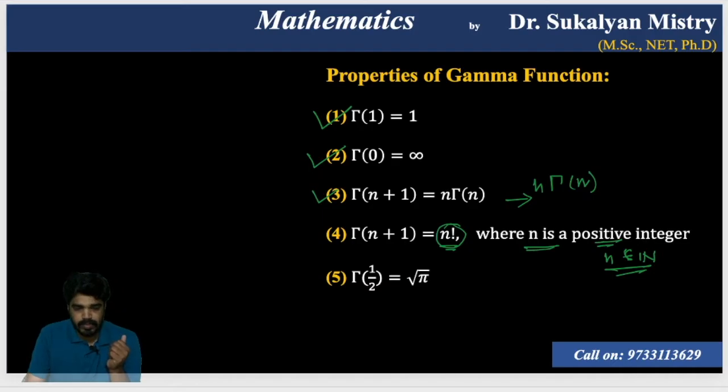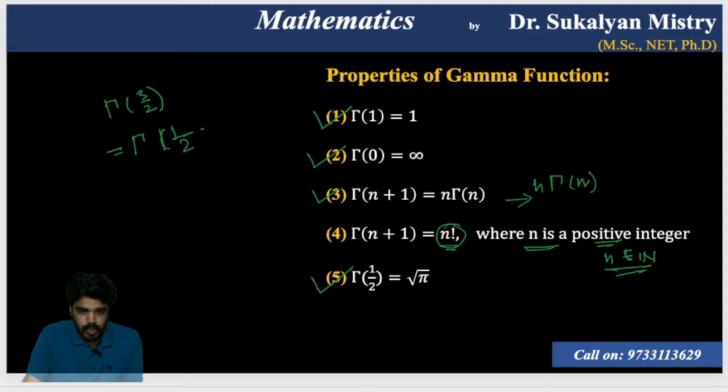Next, gamma(1/2) is equal to root pi. Suppose we have to calculate gamma(3/2). This can be written as gamma(1/2 plus 1).